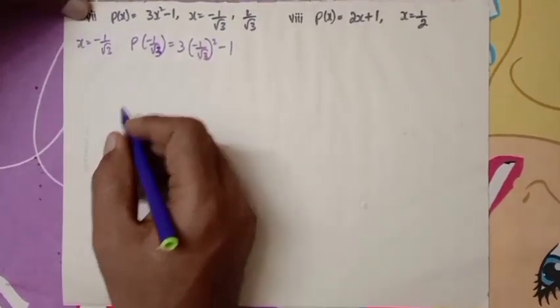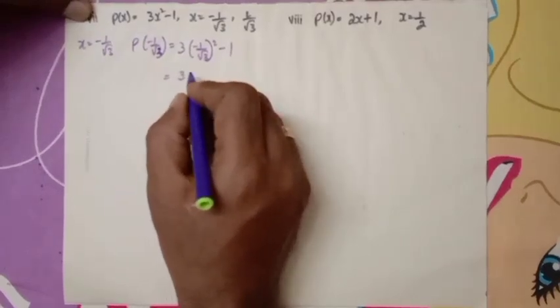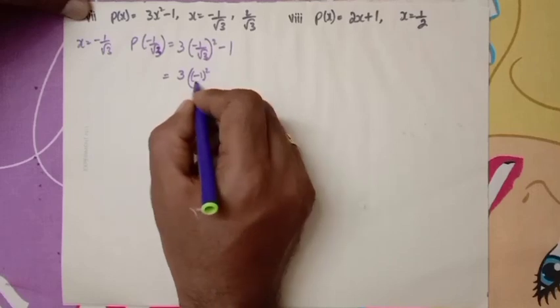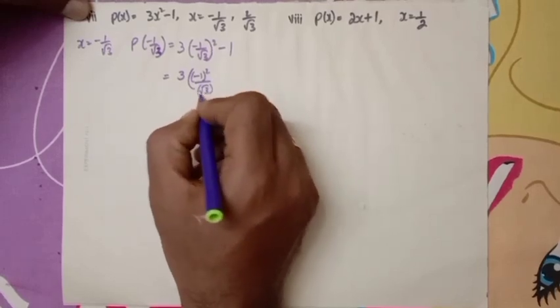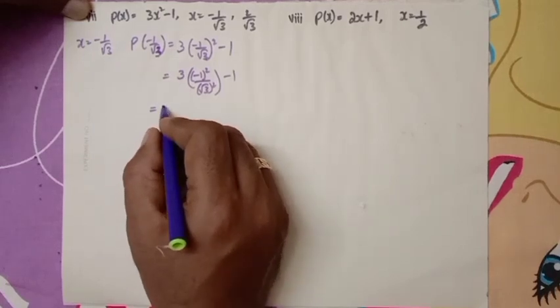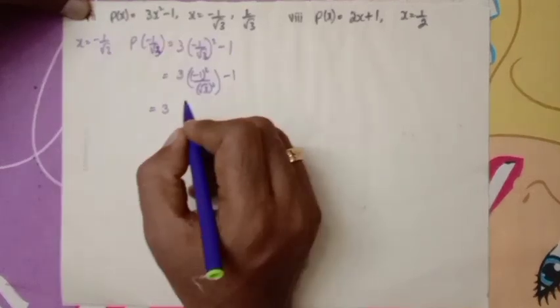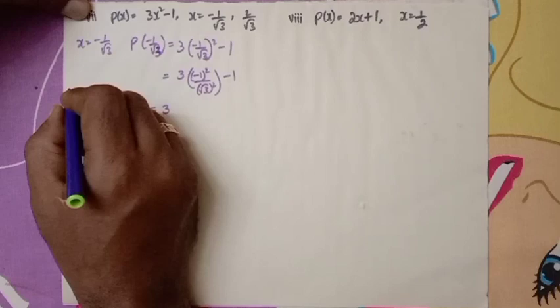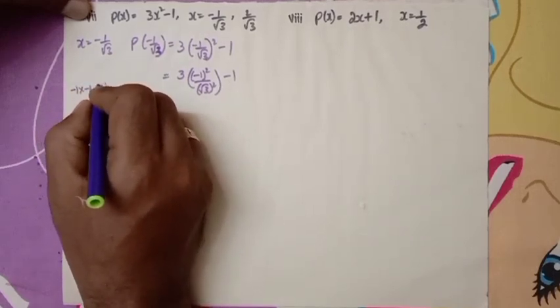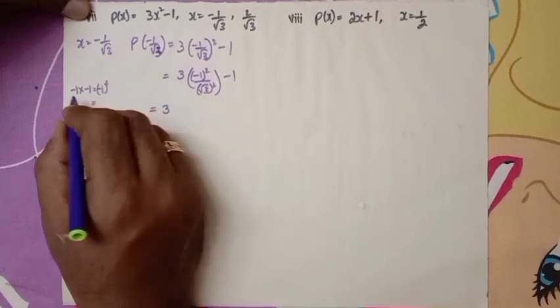So this equals 3 into minus 1 whole square by root 3 whole square minus 1. So equals 3 into minus 1 whole square, which is minus 1 into minus 1. Minus into minus is plus, 1 into 1 is 1.